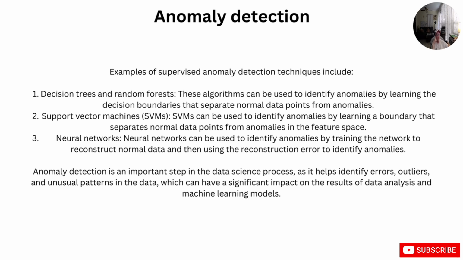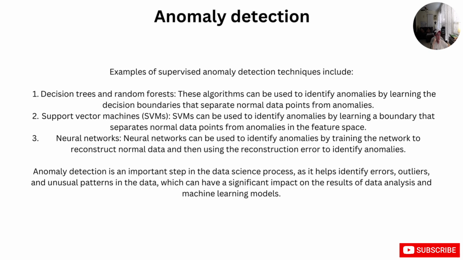Examples of supervised anomaly detection techniques include: number 1, decision trees and random forests. These algorithms can be used to identify anomalies by learning the decision boundaries that separate normal data points from anomalies. Number two, support vector machines.